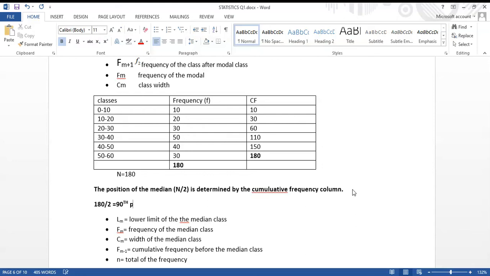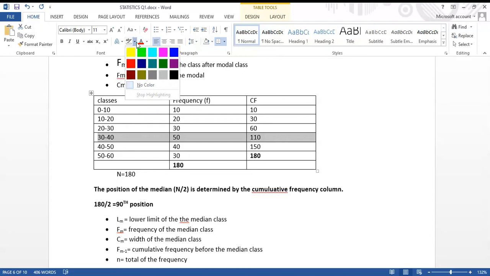Let's not make the mistake of looking for the 90th position in the column for classes. No, we're focusing on the cumulative frequency. Where can the 90th position be accommodated? In this class here, where we have 110. That's where the 90th position can be located. Are we okay with that? We found our median class.